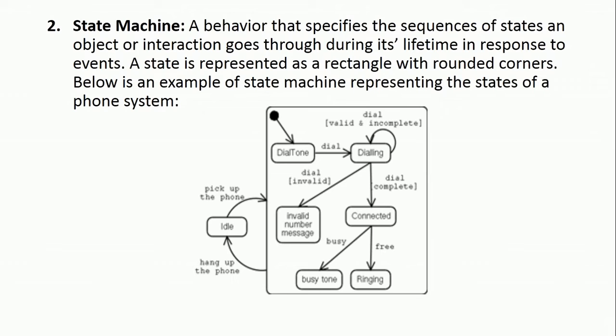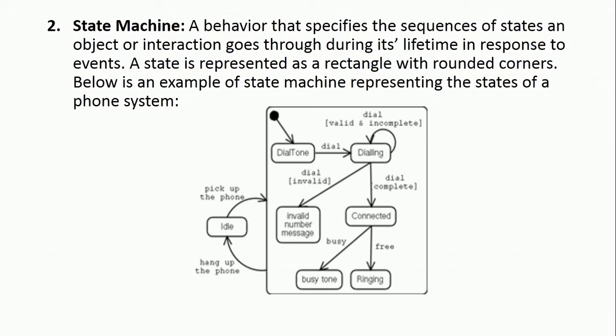Below is an example of a state machine representing the states of a phone system. So what can be the states of the telephone system? It is already told that a state is represented as a rectangle with rounded corners. So how many states are there in this phone system? 1, 2, 3, 4, 5, 6 and 7.